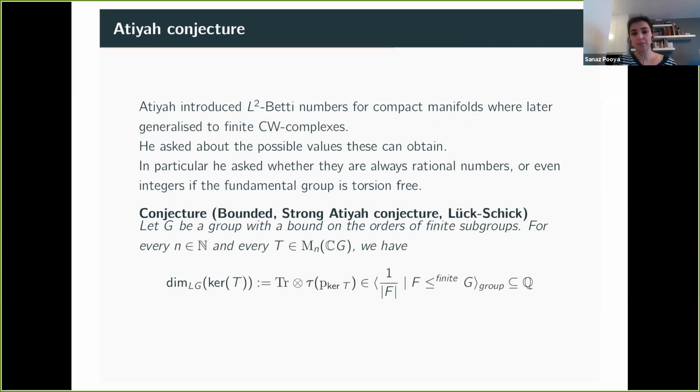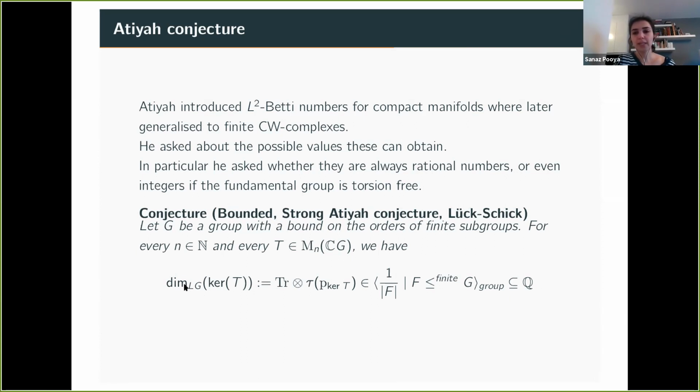Since then, this question has seen several forms of generalization, and one strong one, which is still an open question, is what Lück and Schick formulated as the strong Atiyah conjecture, the bounded version, which reads as follows. So we start with a group G with a bound on the order of finite subgroups. Hence the adjective bounded comes in.